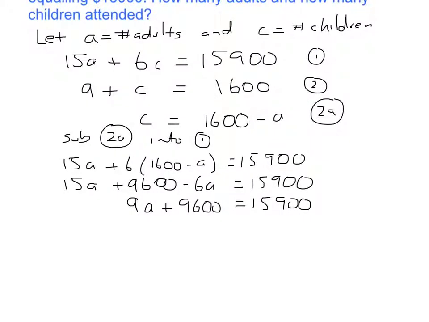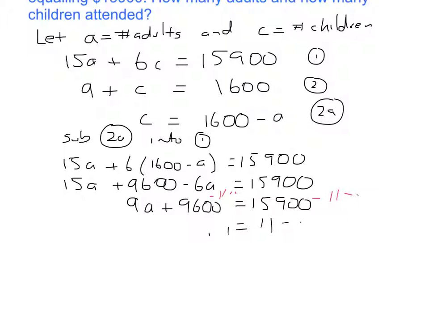And I'll take away 9,600 from both sides, so on the left hand side we'll be left with 9A is equal to 15,900 take away 9,600, which is 6,300.